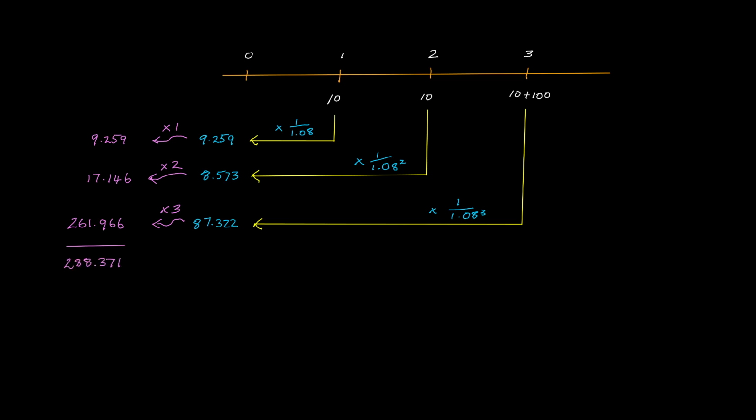Next, we add up the numbers in purple, which come to 288.371. We add up the numbers in blue, which, by the way, are equal to the price of the bond today, which is 105.154. And the final step is to divide 288.371 by 105.154 for exactly the same answer as we achieved using the formula approach of 2.7424 years.